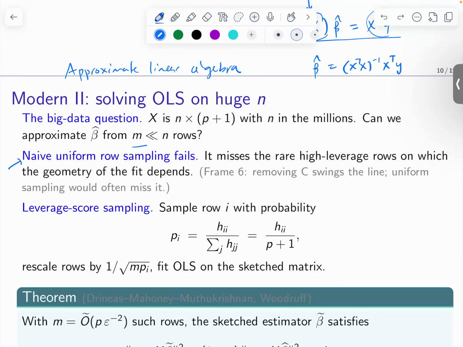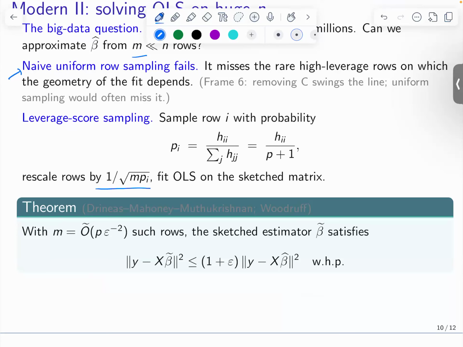And then you also have to adjust a little bit by rescaling. I don't know if this is correct, but you can check. I'll try to post some notes with more details.